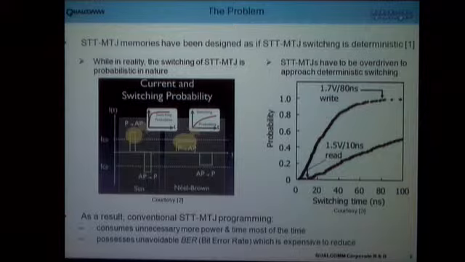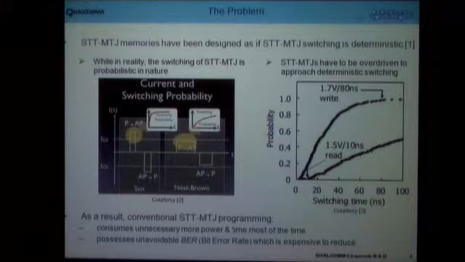Under the influence of deterministic programming, the conventional STT-MTJ MRAM is designed to have the write or programming happen only in the region where switching is approximately deterministic.